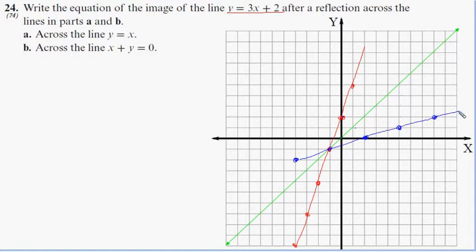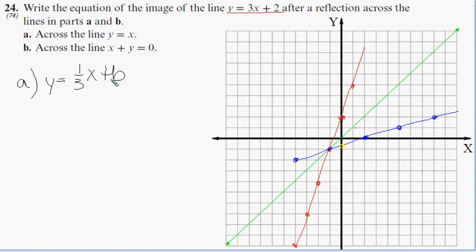I hope you can see the symmetry in the way it's been flipped across this green line of reflection. But what is the new equation? I can't tell exactly where this is crossing, so we'll have to figure that out. But I can tell the slope: y equals 1/3 x plus b.